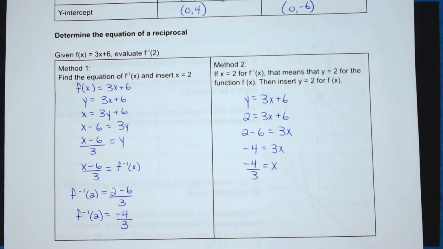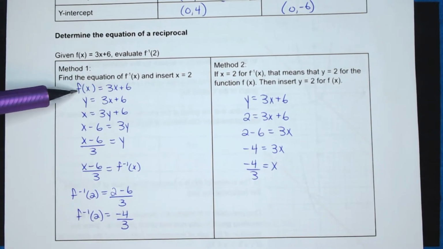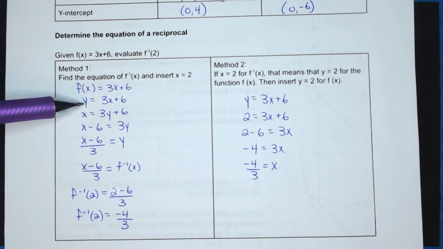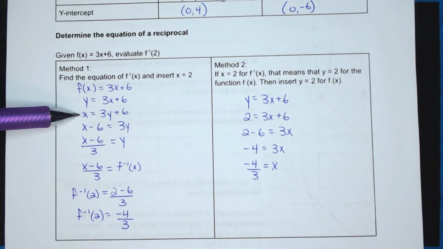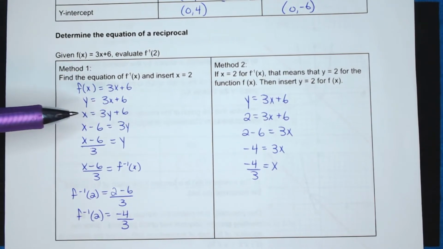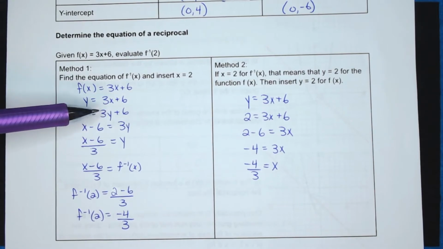So in method 1, we have our original f of x is equal to 3x plus 6. We replace that f of x with y. And in this step here, all we're doing is switching the place of the x and y. Think of it like you're flipping your graph. Your x and y coordinates are just switching places. Now we're going to solve back for y, but we need to move everything away from it.